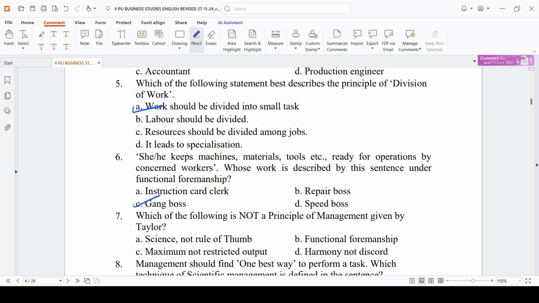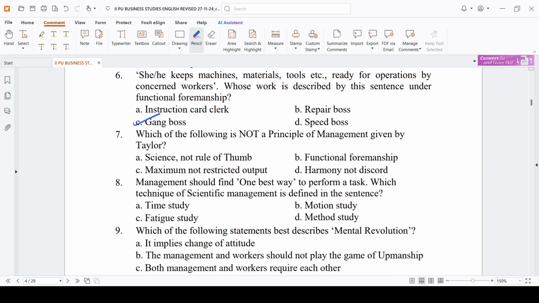Which of the following is not a principle of management given by Taylor? Again, a negative question: not a principle of management given by Taylor. What are the different principles given by Taylor? Science, not rule of thumb. Harmony, not discord. Cooperation, not individualism.